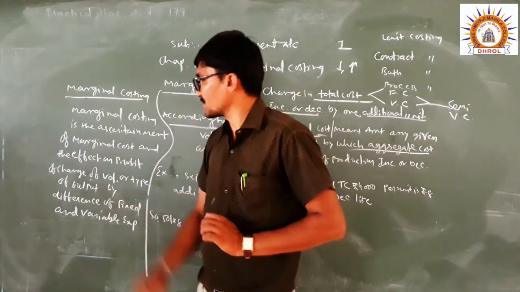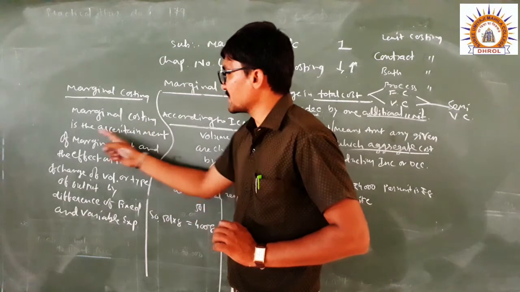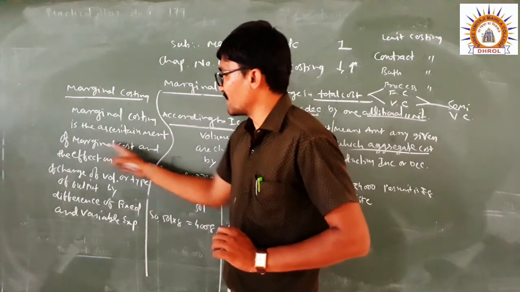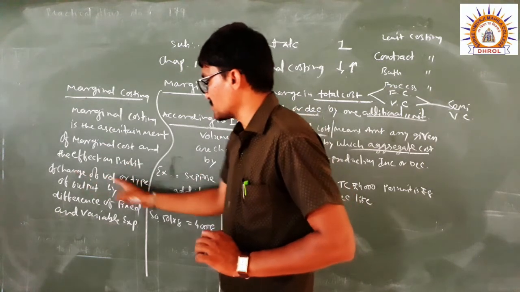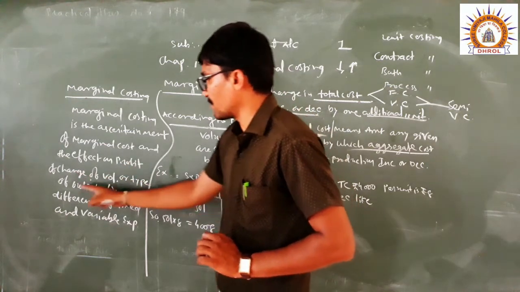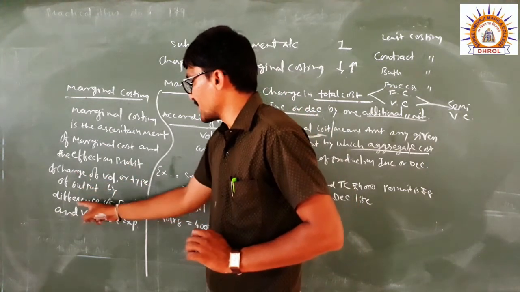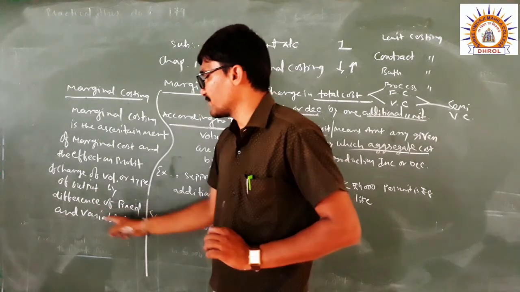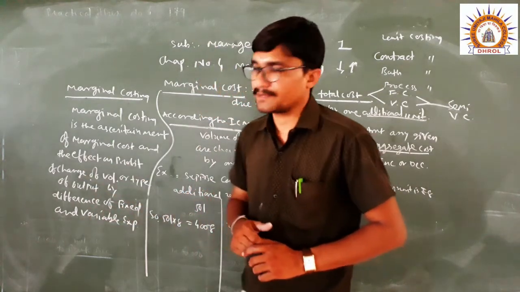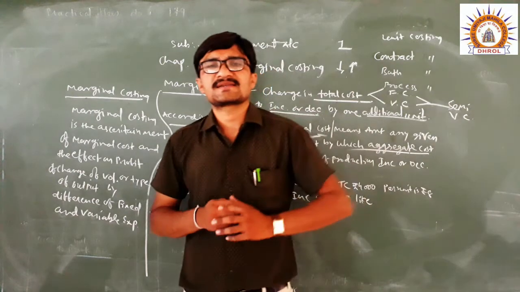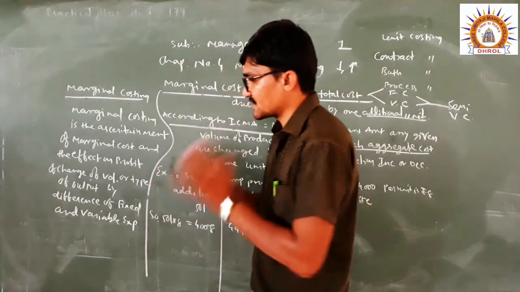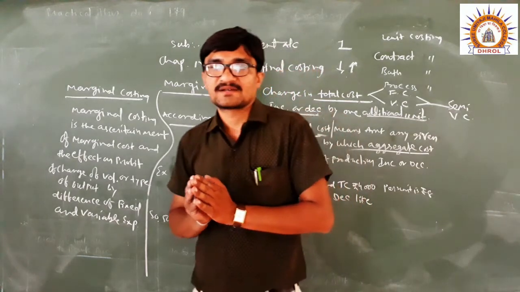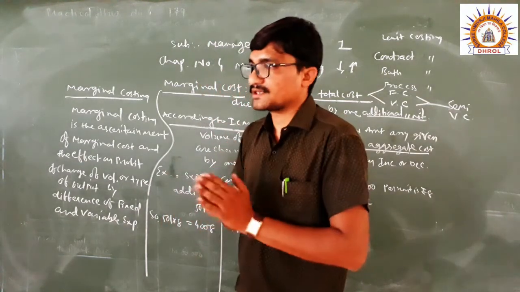What is marginal costing? Marginal costing is the ascertainment of marginal cost, the effect on profit of change of volume or type of output by difference of fixed and variable expenses. See, the classification of cost or expenses means what are the changes in fixed expense and what are the changes in total cost.